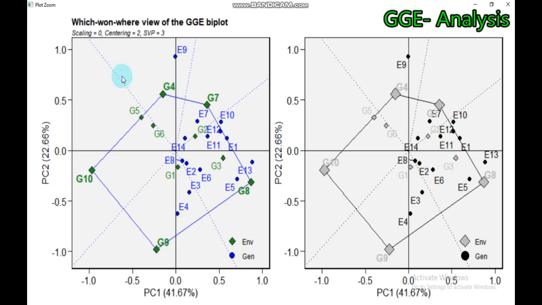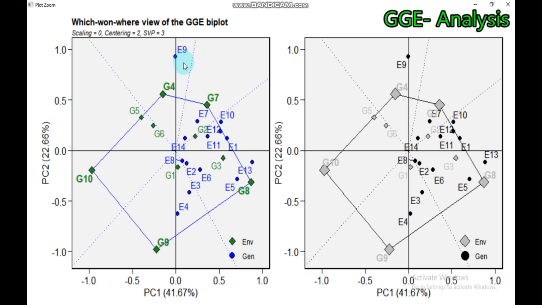Here you can draw the perpendicular line, and G4 fell in environment 9, so this sector is, you can say, the G4 sector. So as a rule, the vertex genotype is the highest yielding genotype in all environments that share the sector. For example, the G4 sector has only E9, or environment 9.